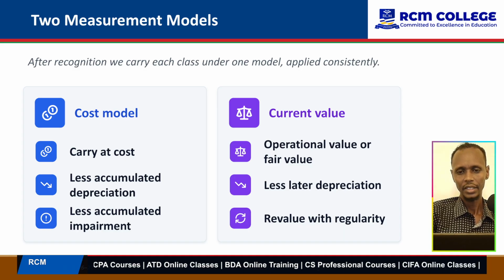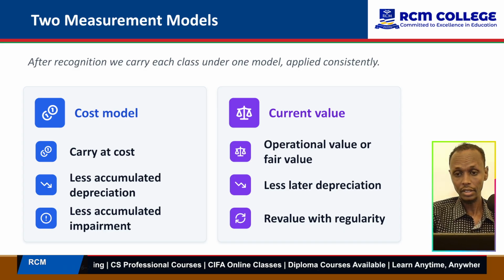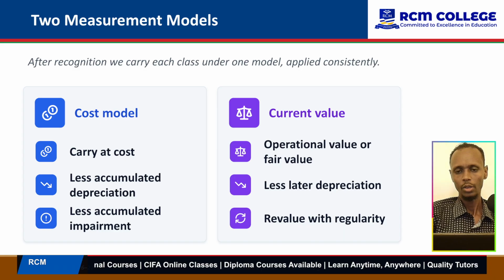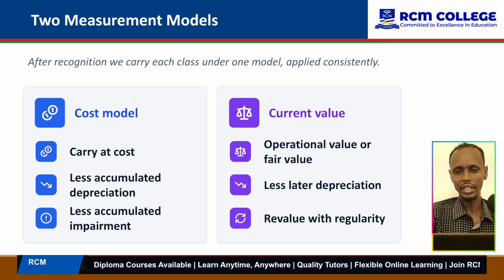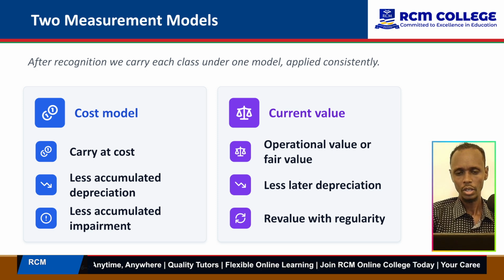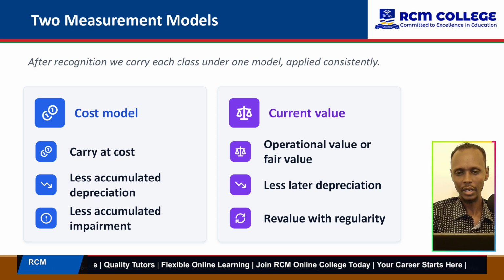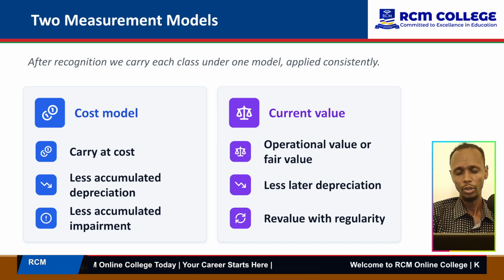You say 30 divided by 50 times the current value, which is 50. So the current value is 50, but you have already used 20 years, so you remove that depreciation. So the depreciated value is the current value.